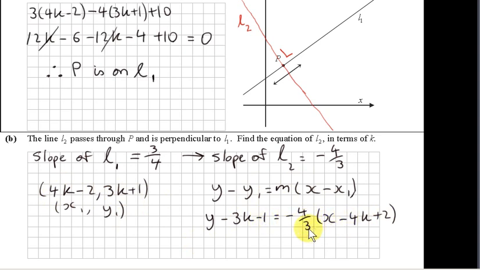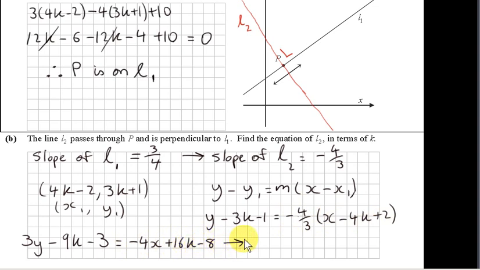We normally like to get rid of fractions, so we multiply both sides by the denominator of m. Multiplying this by 3, we get 3y - 9k - 3. If we multiply the right hand side by 3, we get rid of this 3, and we're left with -4 into this bracket here, which is -4x + 16k - 8.